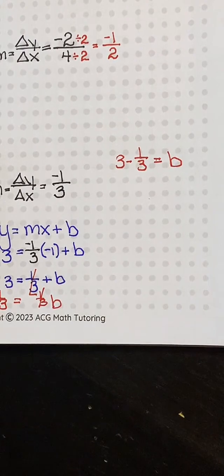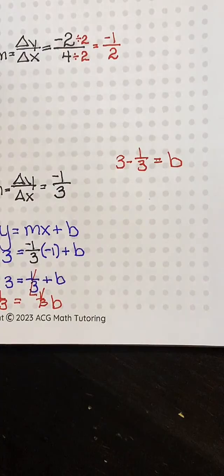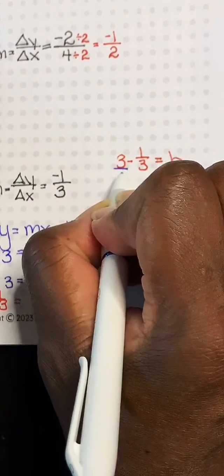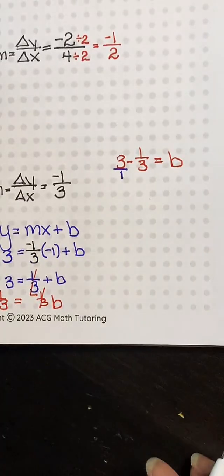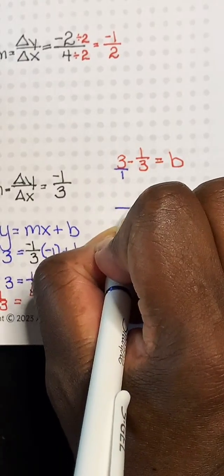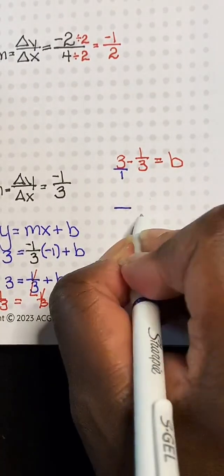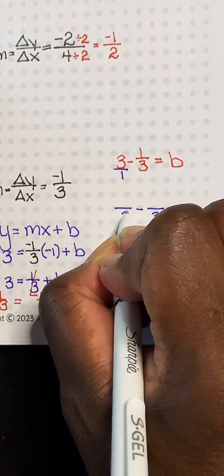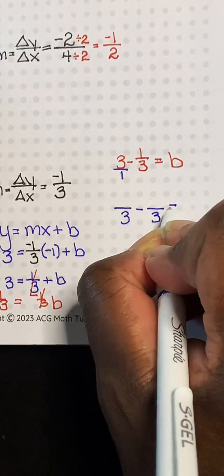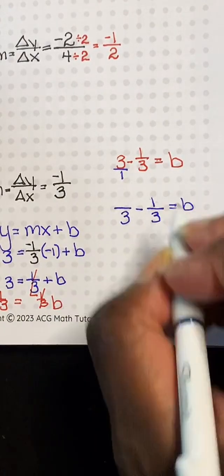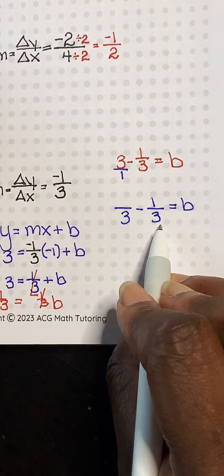So now we need to have, yes, J-Dub, a common denominator. Okay, so that means I need to change this 3, make it into a fraction by putting 1 over. But I need to have a common denominator. Well, what number does 1 and 3 both have in common? They both have a 3 in common. So this 1/3 is going to stay exactly the way it is.